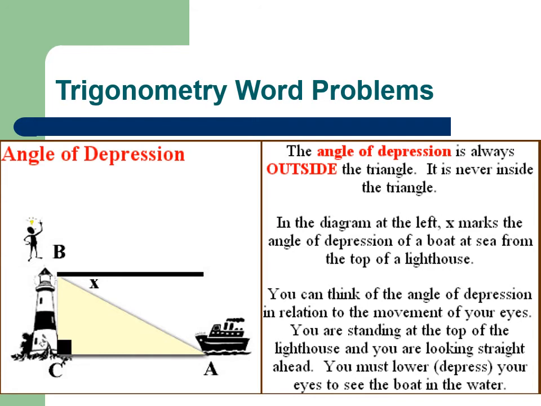And if you think of how parallel lines work, the angle of depression actually corresponds down there to angle A. And so when you're going through these problems, when you see that defined, you want to make sure you're putting the angle in the right spot.